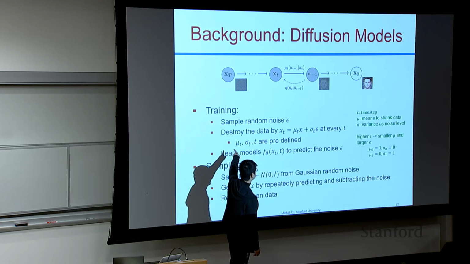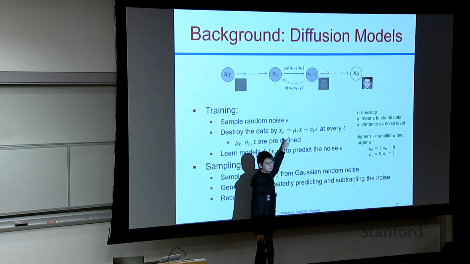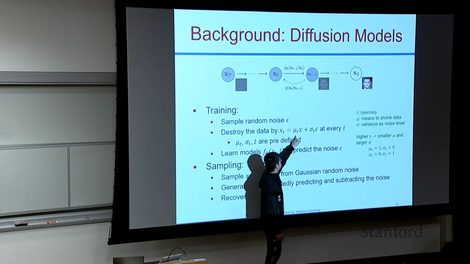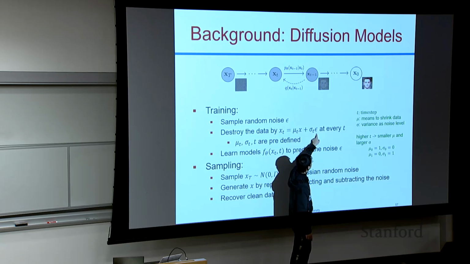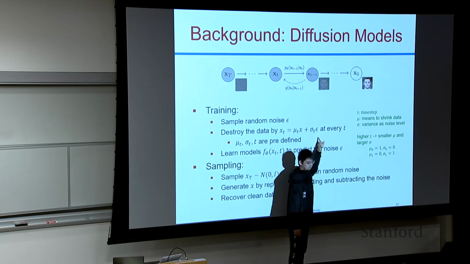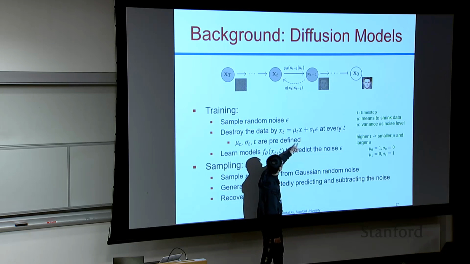We destroy the data into the t-step diffused data by multiplying by mu t and adding sigma t weighted noise.